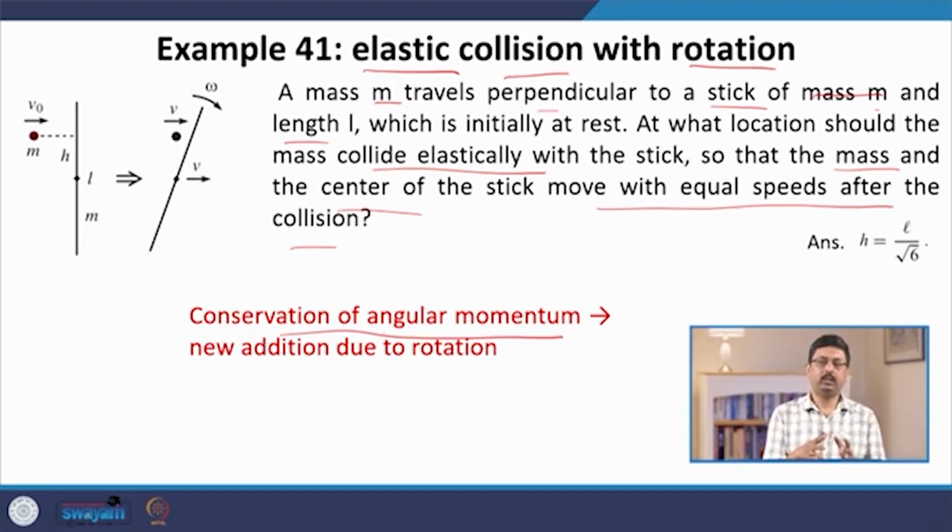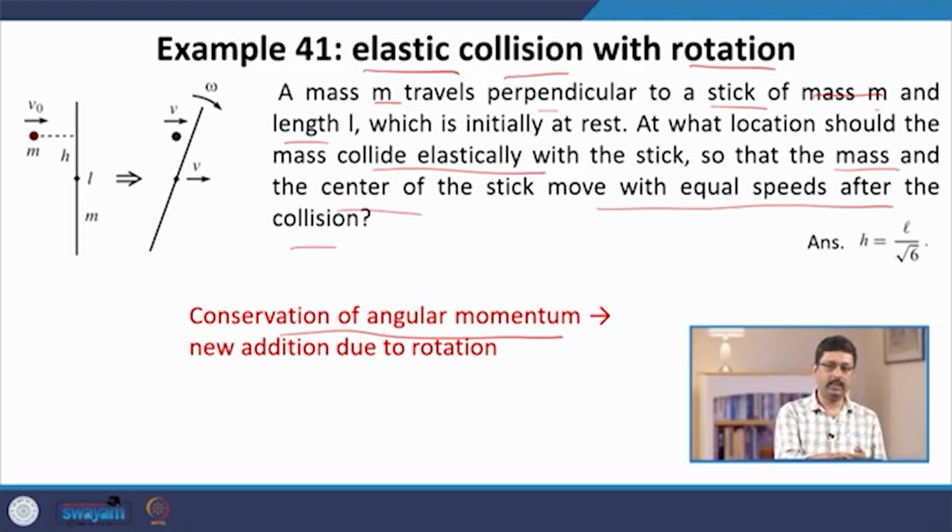This mass m, a ball, comes and hits the stick, and after the collision the ball continues moving in the same direction with some velocity v, and the velocity v will now be different from the velocity before the collision because of the conservation of momentum.